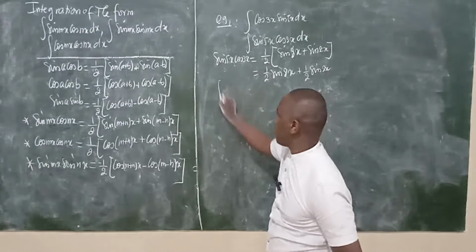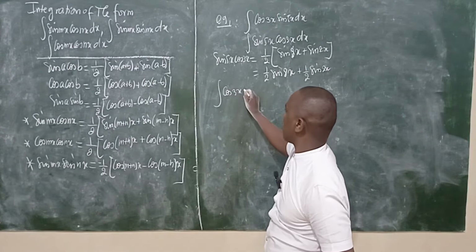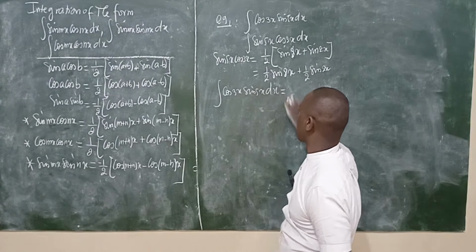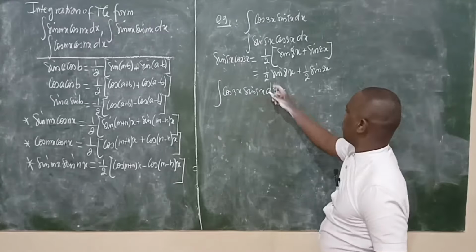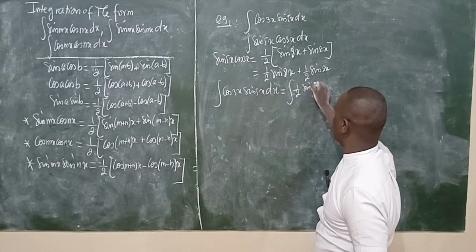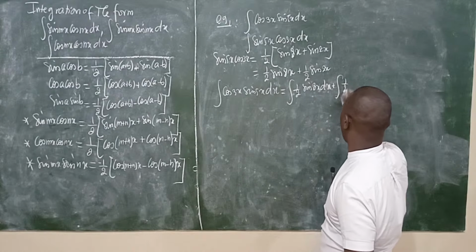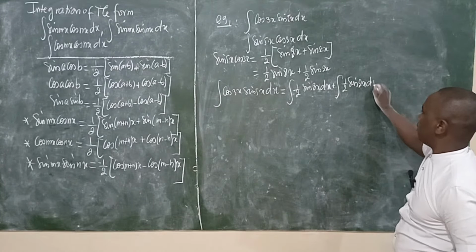The integral of cosine 3x sine 5x dx is equal to the integral of a half of sine 8x dx plus the integral of a half of sine 2x dx.